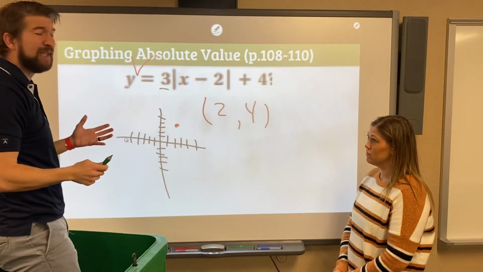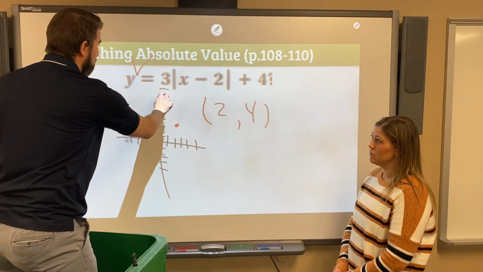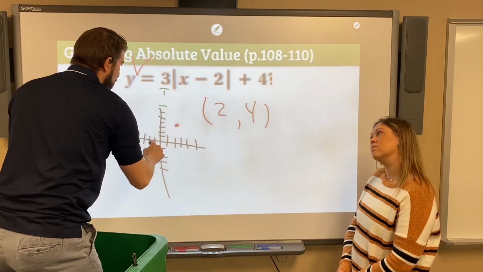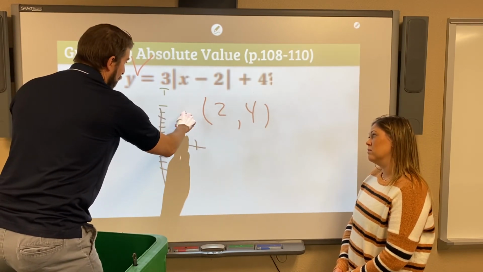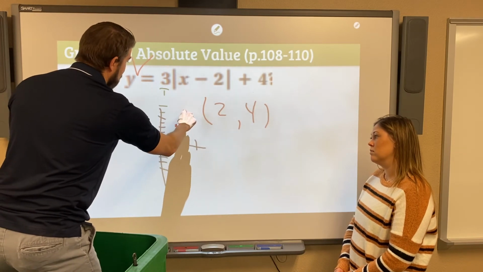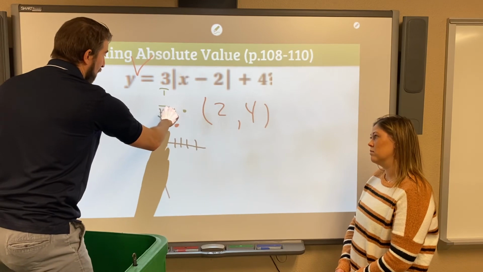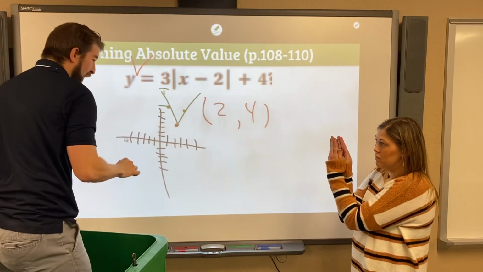I'm going to use my kind of slope, and this is where it's not exactly slope, because slope would tell us rise over run, which is what we're going to use for our first point. I want to go up 3, over 1, I'm trying to line it up, my shadow's in the way. And I'm going to go up 3 and over 1 the other way. And then this is my graph.